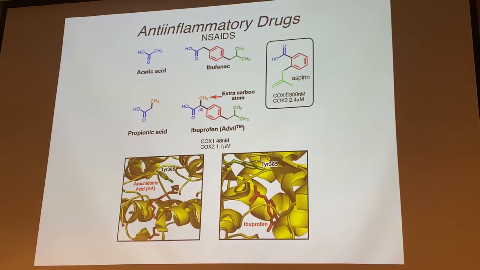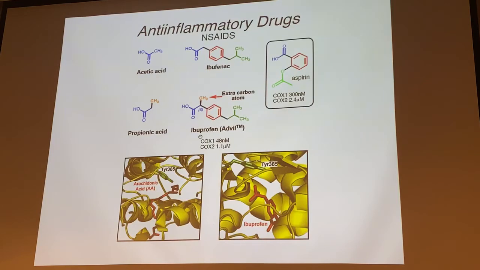Aspirin's not very selective. It inhibits COX-1 at 300 nanomolar and COX-2 at 2.4 micromolar. You want these lower concentrations. Nanomolar concentration is 10 to the minus 9 molarity. It's a very dilute concentration. Anything above that value, it can inhibit that enzyme.